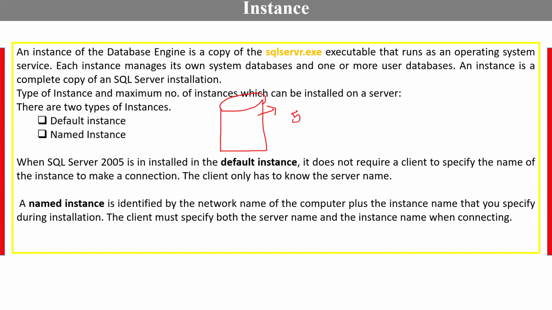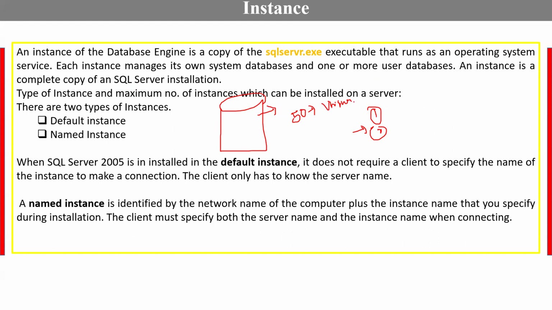You can install it 50 times, as long as every time you keep a unique name. When you install the first time, you keep one name; the second time, another name. Can I keep the same name? No, it won't allow you. Every time you install SQL Server on the same server, you need to use a unique name.